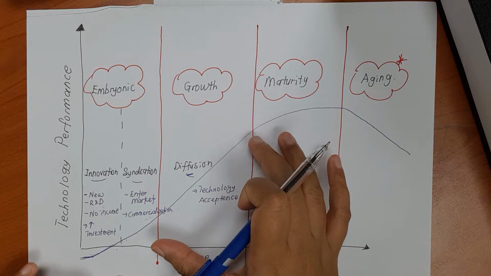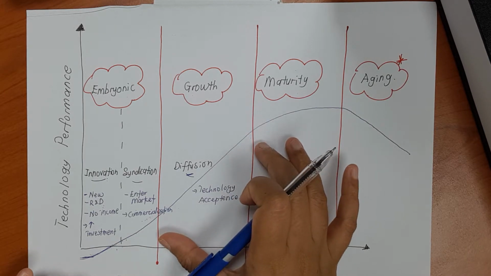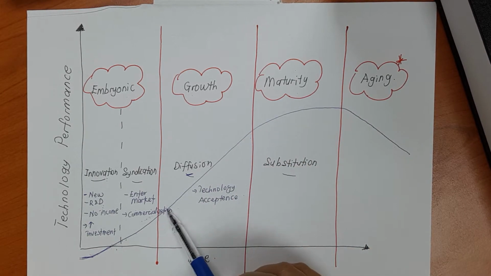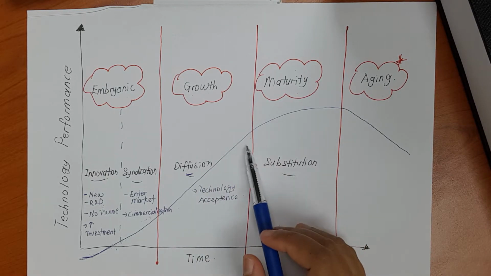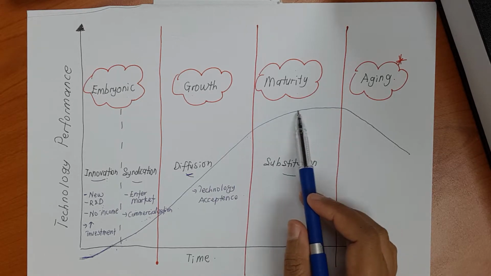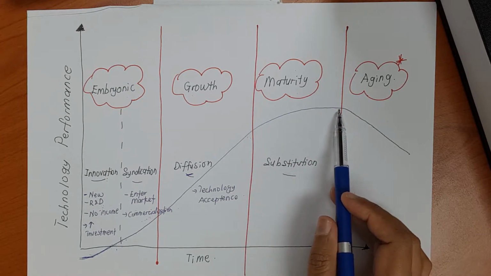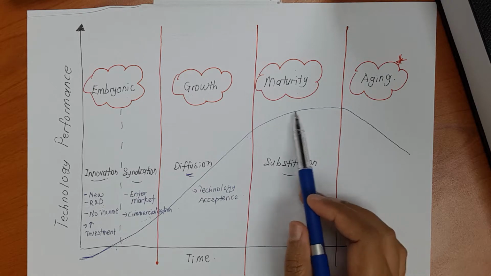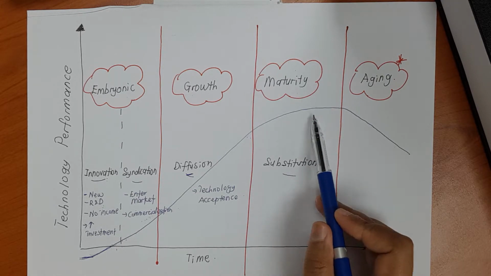After the technology has become popular, the keyword here, the technology starts to be popular among users or the market, it goes to the maturity stage where people widely use the technology.